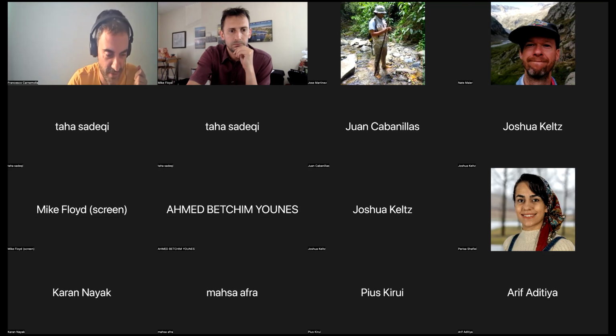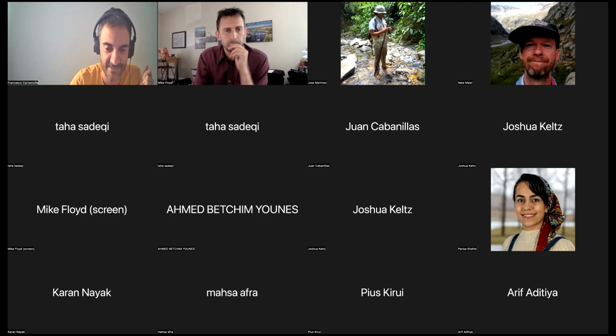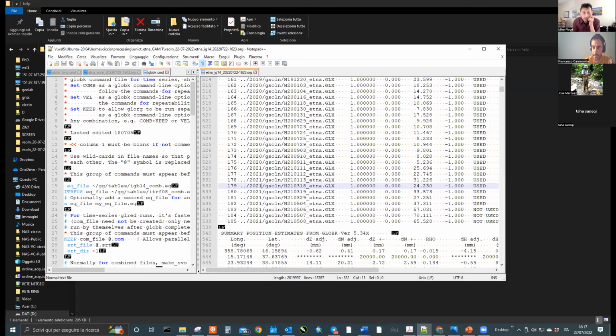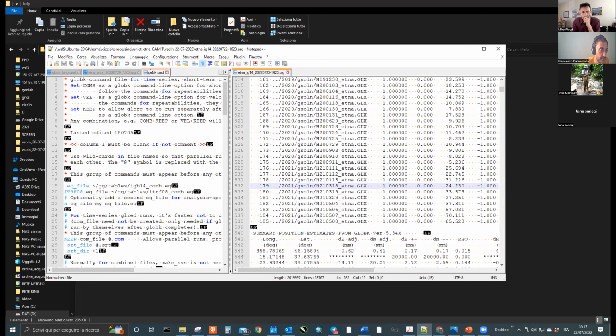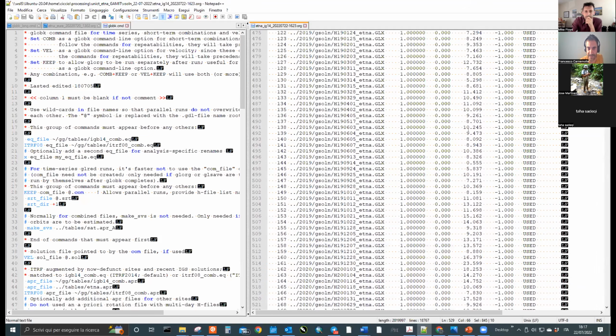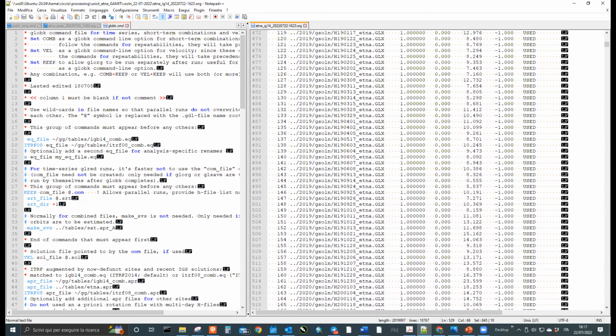Maybe it's better that I show my screen. Is it possible? Can you see? Yeah. So I use this command file on the left, and these are all the same files that I used before.